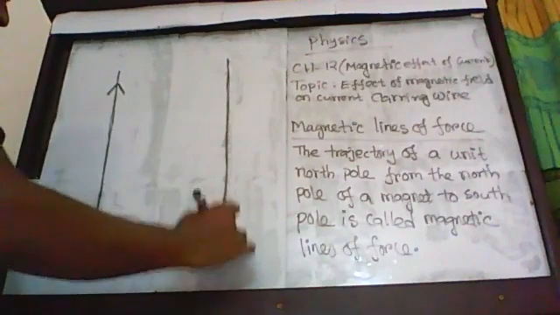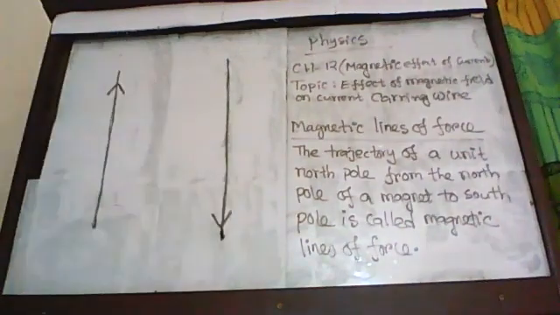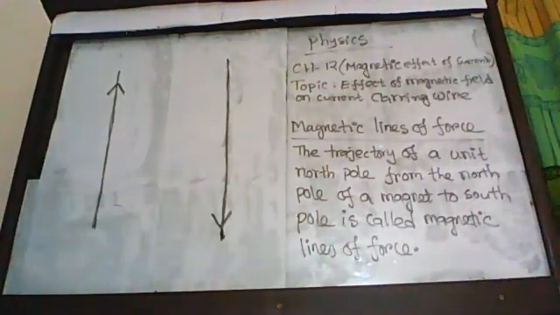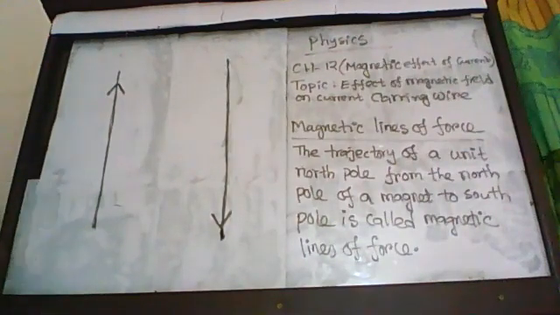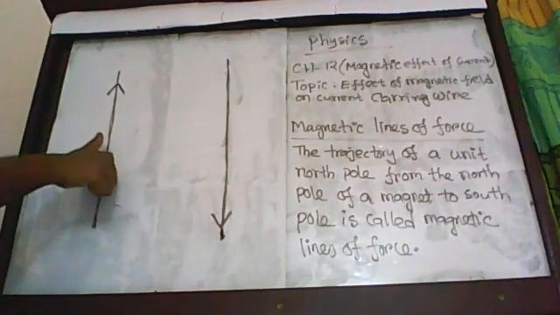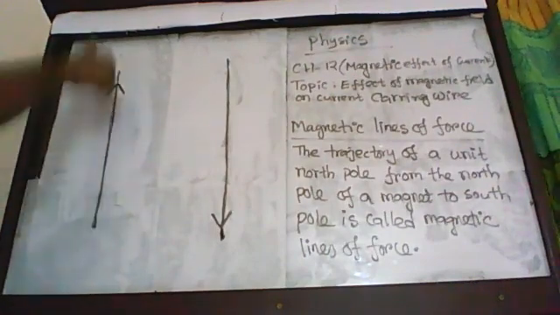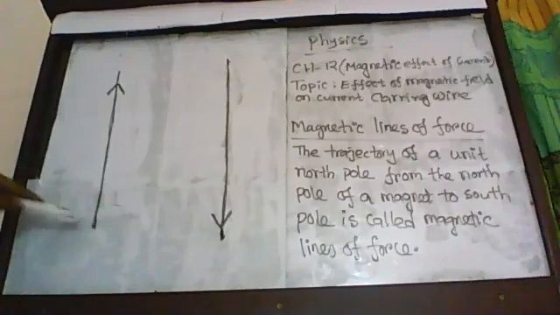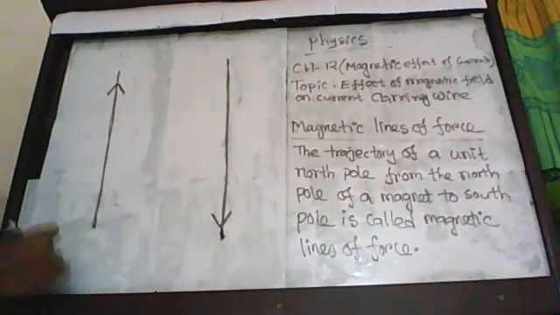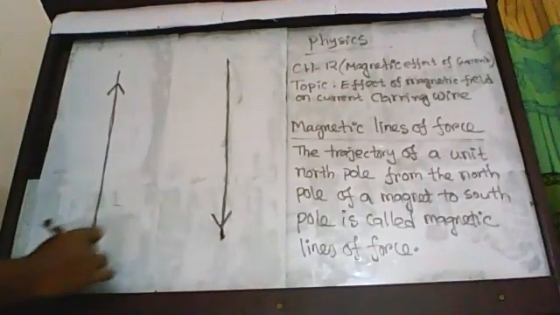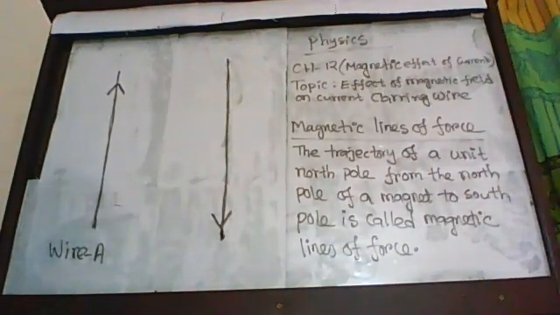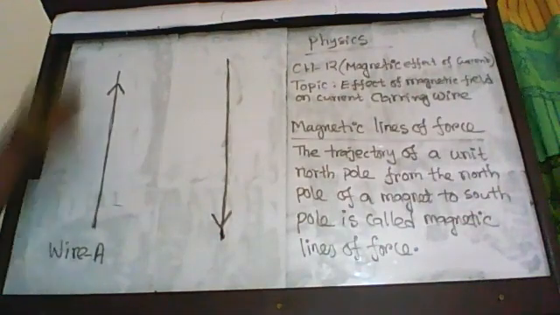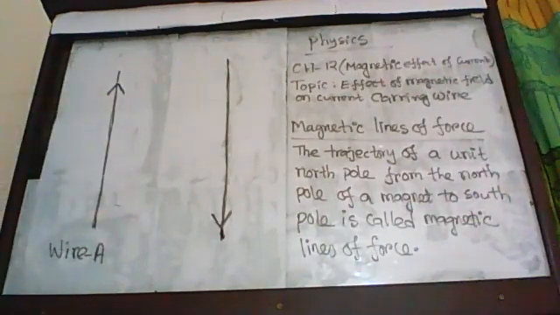These two wires carry current in opposite directions. The first wire, wire A, carries current in the upward direction along the y-axis.